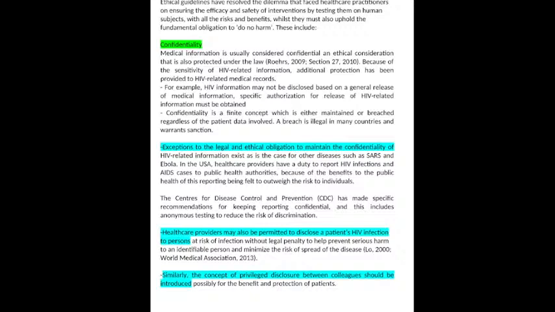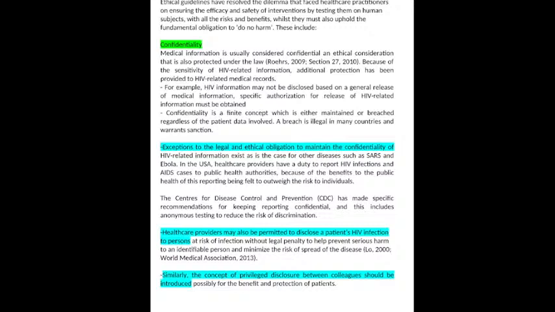Confidentiality is a finite concept which is either maintained or breached, regardless of the patient's data involved. So in some countries, when you breach this principle, or when you reveal that the person is sick and it is not supposed to be revealed, then it can warrant sanctions.